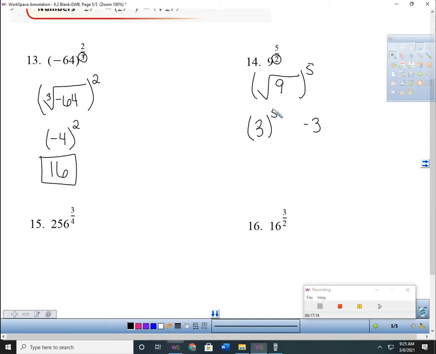I have to raise that to the 5th power. And negative 3 is also an answer I get. I have to raise that to the 5th power. So if I take 3 to the 5th power, I get 243. And if you take negative 3 to the 5th power, you get negative 243. So we have a positive and a negative 243. So you need to assess in the beginning if this is an even root, you're going to have 2 answers, right?